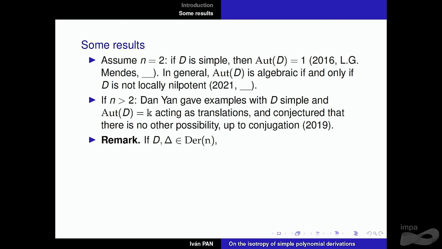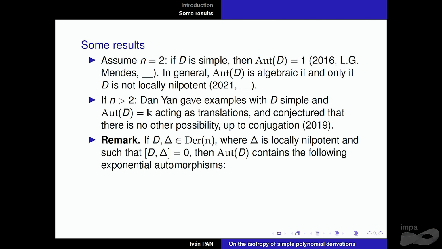Take two derivations, d and delta, in n variables, where delta is locally nilpotent and commutes with d. Then the isotropy contains the following exponential automorphism, this type of automorphism.